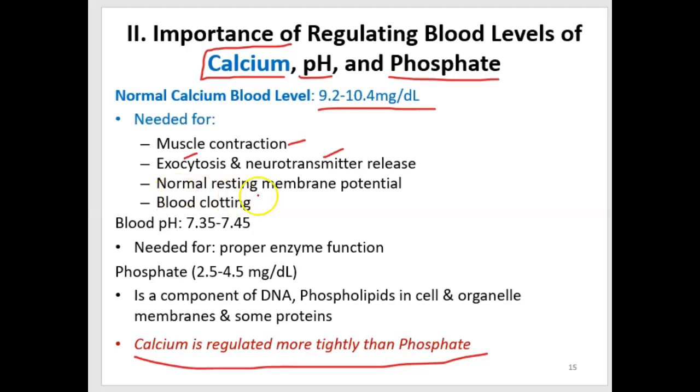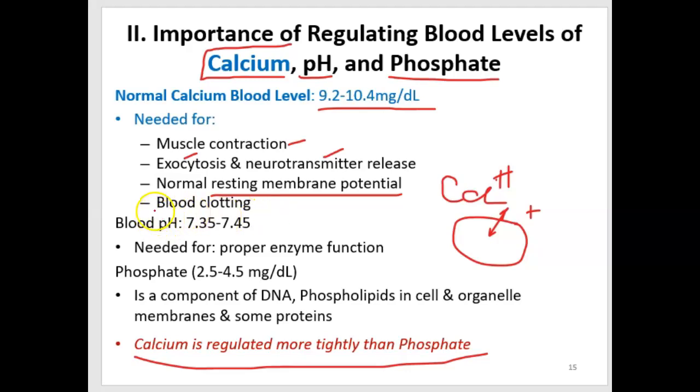Then we also need calcium because it's part of the resting membrane potential. Now, it isn't one of the major players like potassium and sodium, but just the presence of calcium in the extracellular fluid gives a certain balance of cations and anions so that the sodium and the potassium that are going to move across the cell actually make a difference.